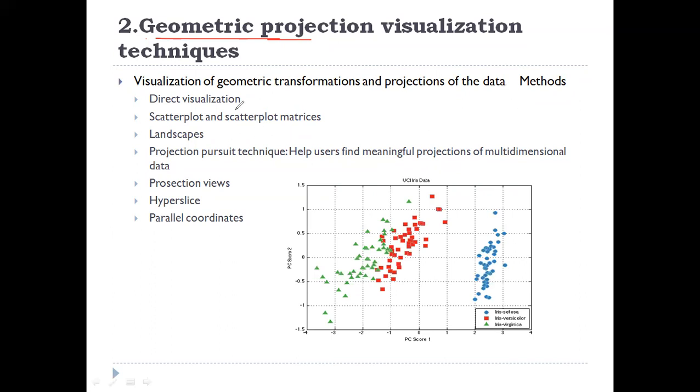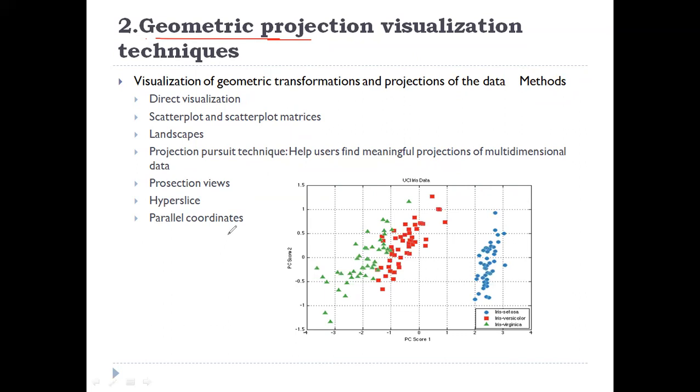For that, we have different methods. Those are direct visualization, scatter plots, scatter plot matrices, landscapes, projection pursuit techniques, prosection views, hyperslice, and parallel coordinates. These are the different methods under geometric transformations.